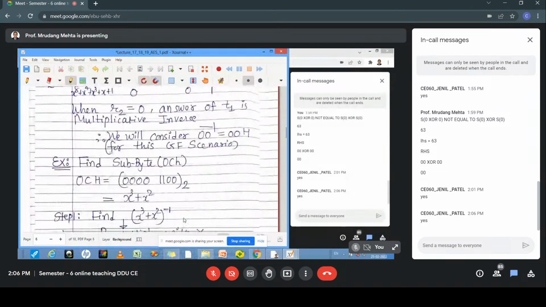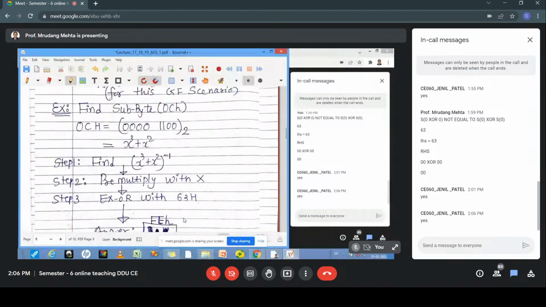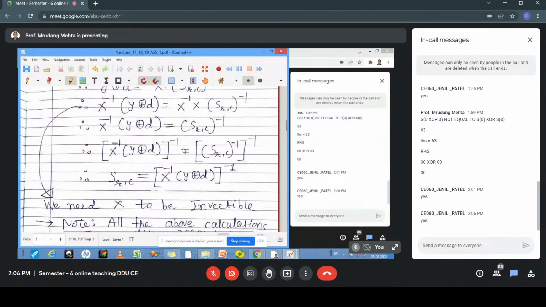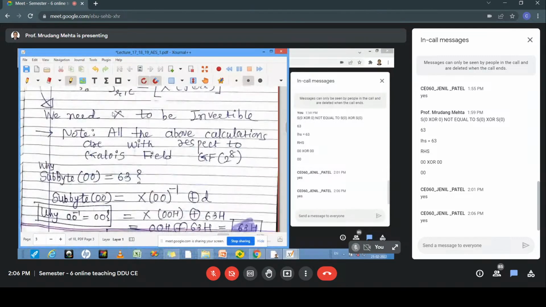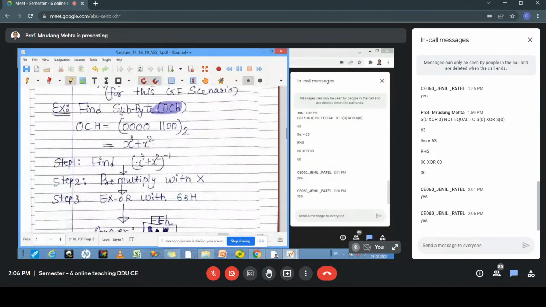Okay. So now let us calculate sub byte 0CH. Now you can see we have found it for 00. Now for sub byte 0C, for this byte, we find the substitution byte. We will substitute this value with which value? So you can see this example, find sub byte of 0CH.